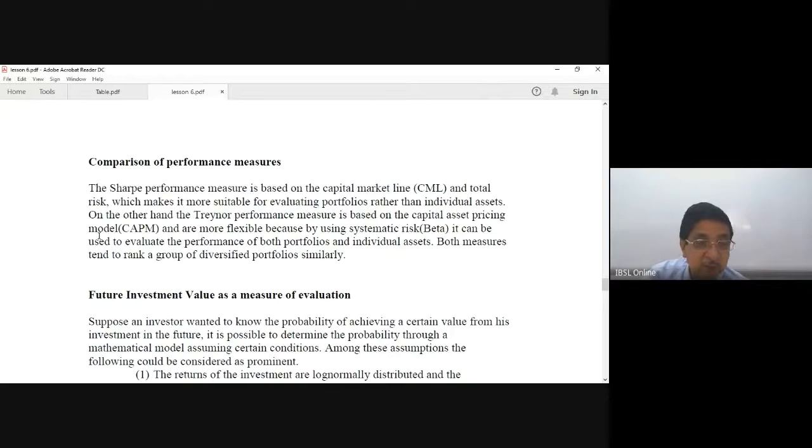Now you can see in this comment, what they said was the Treynor measure would be more generalized than the Sharpe measure. But you make sure that your portfolios are diversified.